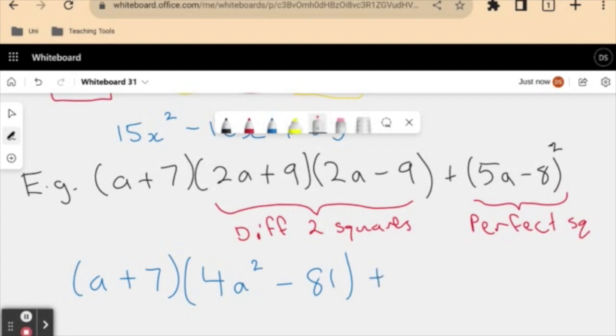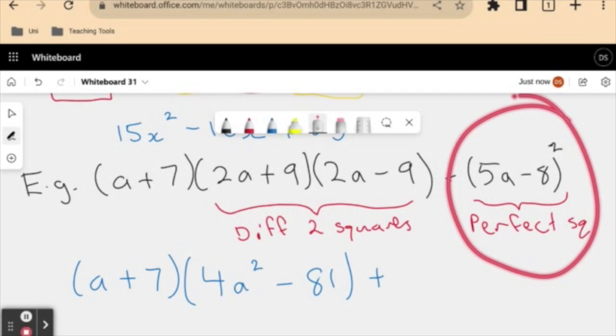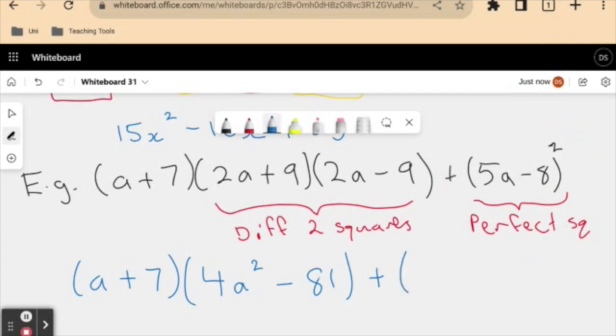Now, let's expand our perfect square here and leave that in brackets again. Because honestly, the main struggle I see with students is they try to just rush through this as quickly as they can, and they often end up making mistakes with the signs, so your positives and negatives.